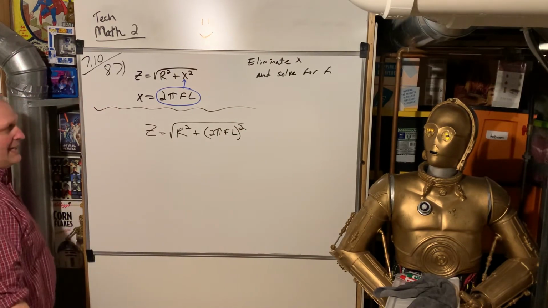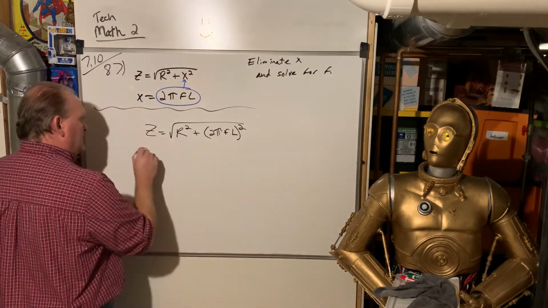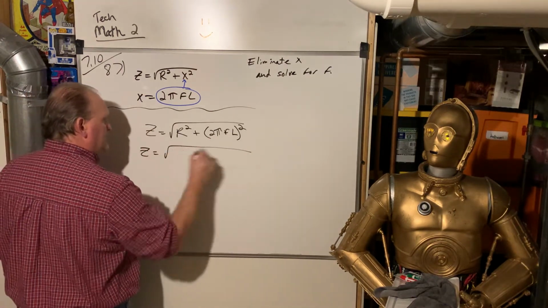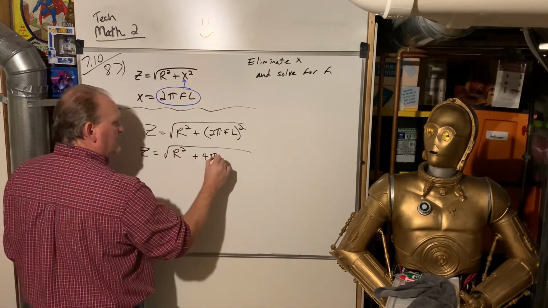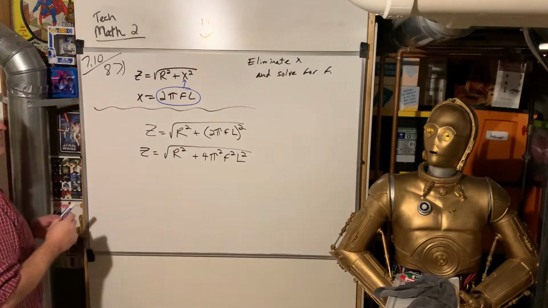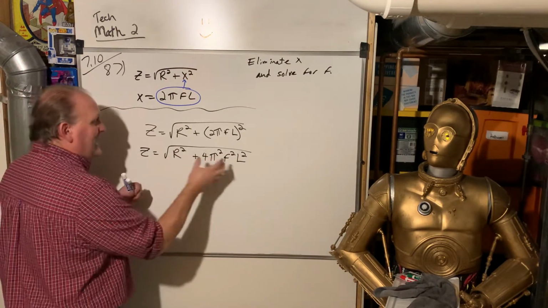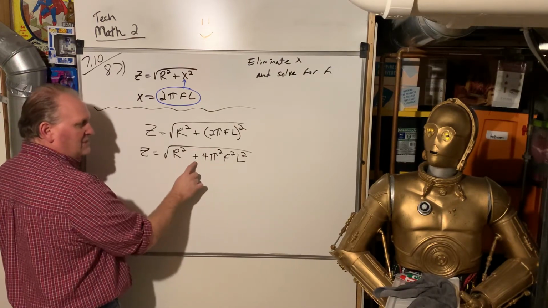All right, now we want to solve for f. That's pretty well buried in there, isn't it? So we've got R squared plus 4 pi squared f squared L squared. So we cannot just apply the square root to both of these pieces because there's a plus in between.